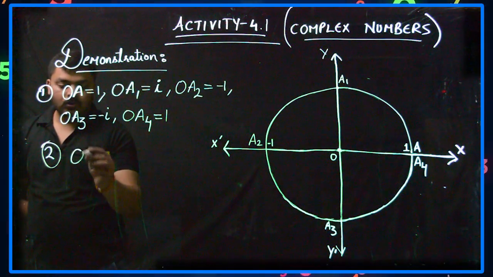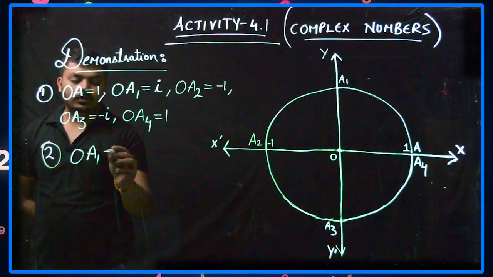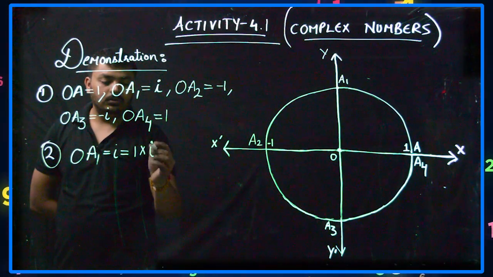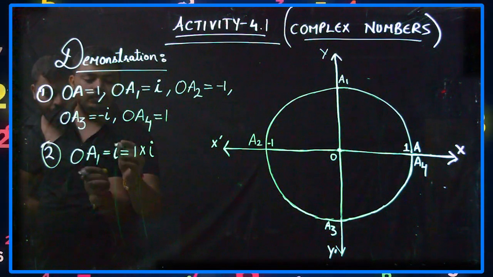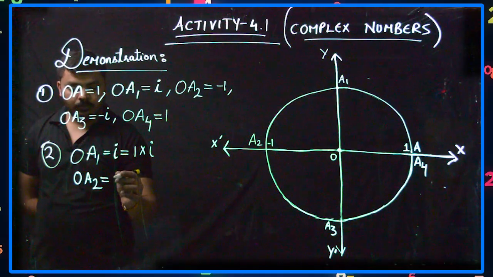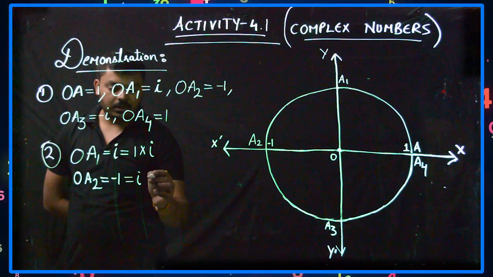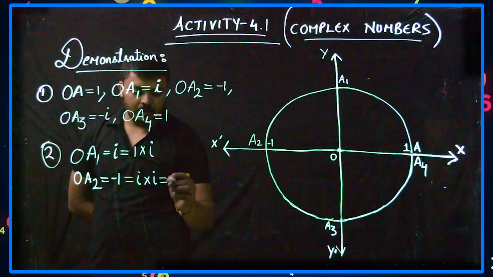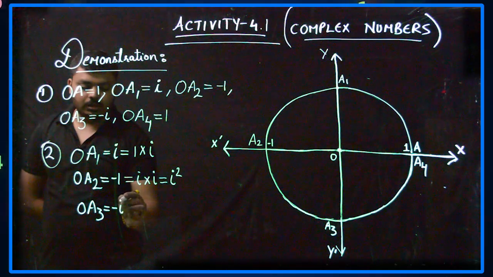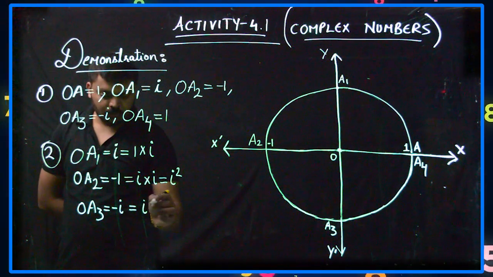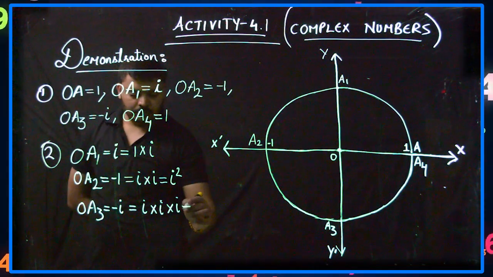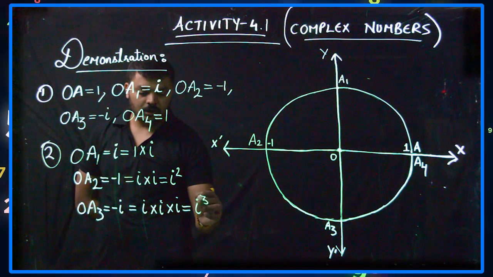So OA1 equals i equals 1 into iota. OA2 equals -1 equals iota into iota, that is iota square. OA3 equals minus iota equals iota into iota into iota. You can say iota cube or i cube.